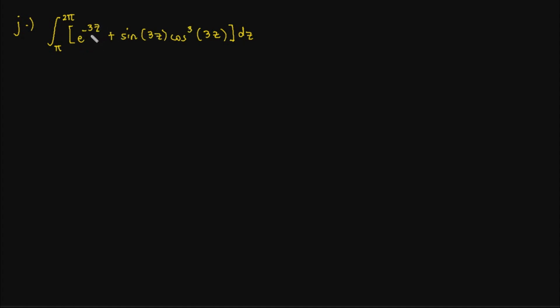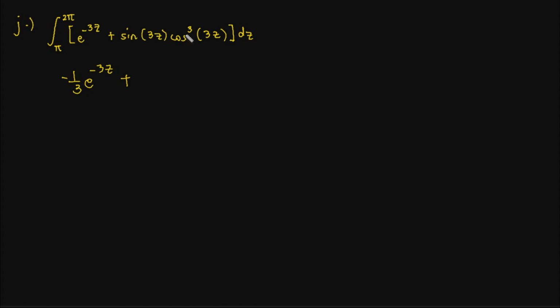So kung dito sa una natin na expression e raised to negative 3z, the antiderivative of this would be negative 1/3 e raised to negative 3z. So hopefully, alam nyo na to kung paano integrate kasi this one is something like an extension of e raised to x lang naman. Now for this one, alam naman natin na if this is sine of 3z and we have a cosine here and then of course raised by sa power, kung maghahanap tayo ng u dito, u would be your cosine.